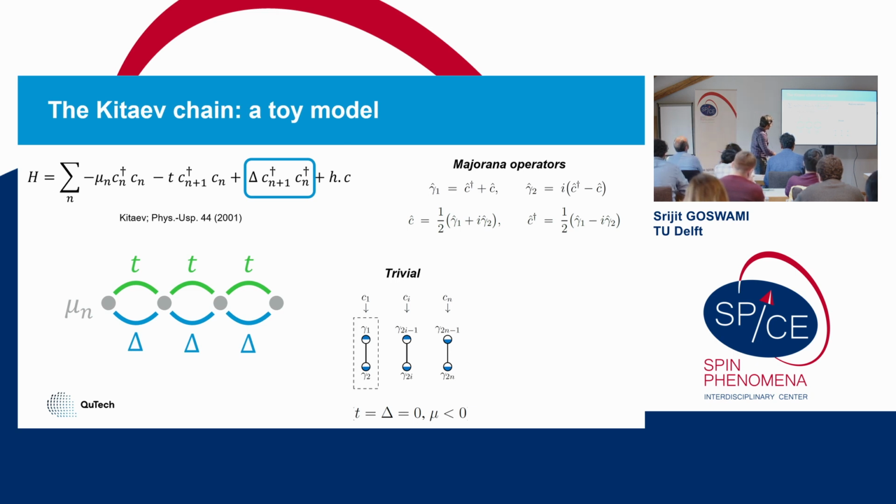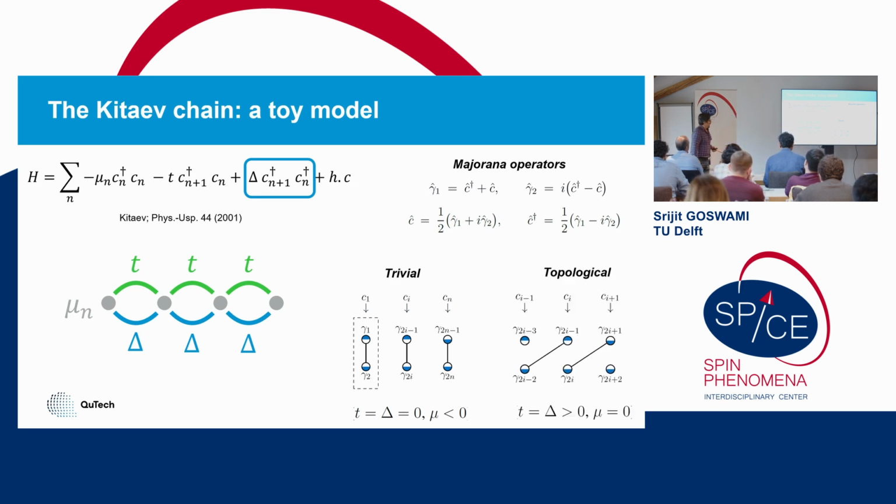But the interesting part, and this happens when T and delta are 0. So these hopping terms are 0. But now what happens when T and delta are the same is that you have a pairing between neighboring sites. And this is sort of what is depicted with these lines. And you'll see some of these pictures again later, is that this means that neighboring sites are coupled, and as a result, you're left with these 2 isolated Majoranas.